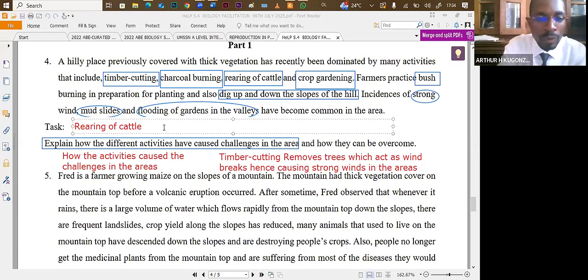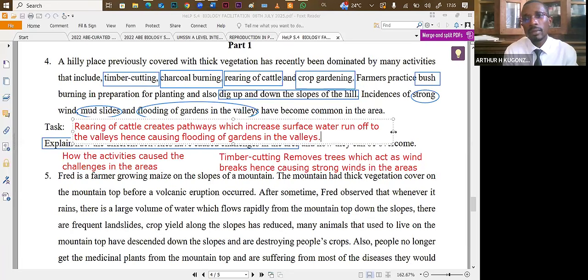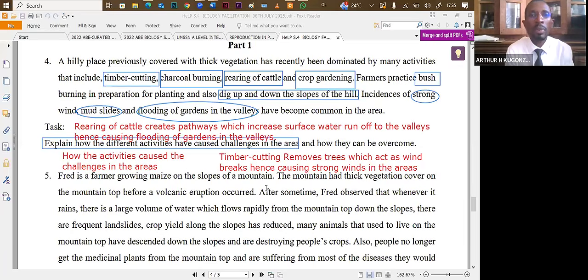So I will say rearing of cattle creates pathways which increase surface water runoff to the valleys, hence causing flooding of gardens in the valleys. I have also explained my point of cattle rearing.